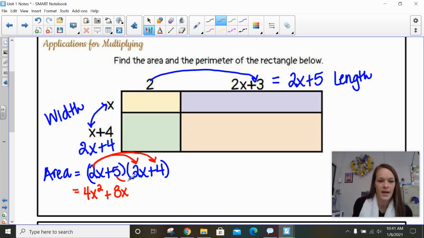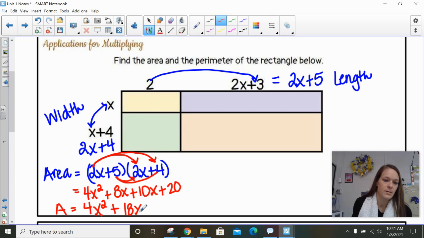Okay, and then now I'm going to do the 5 times the 2x to get 10x, and 5 times 4 to give me 20. All right, and combine like terms, 4x squared plus 18x, so 8x plus 10x, plus 20. And that is your expression for your area.